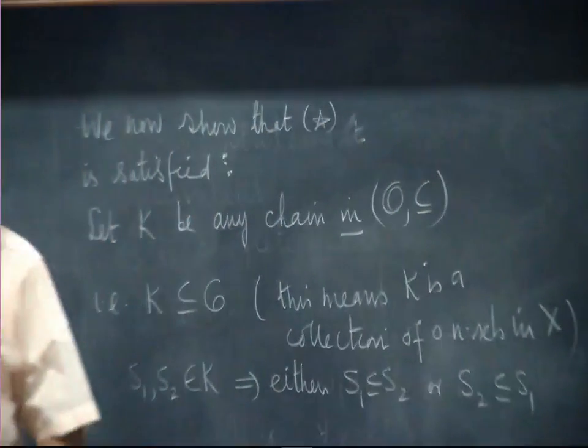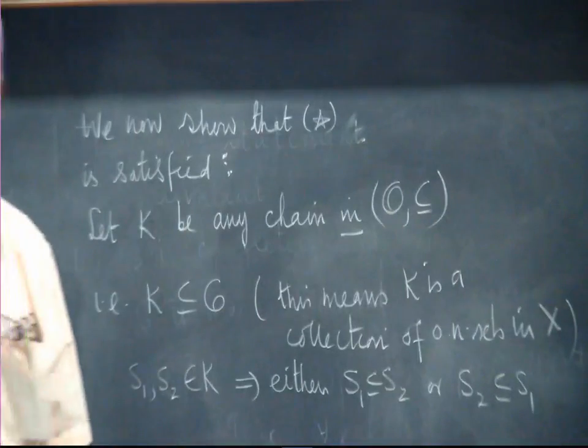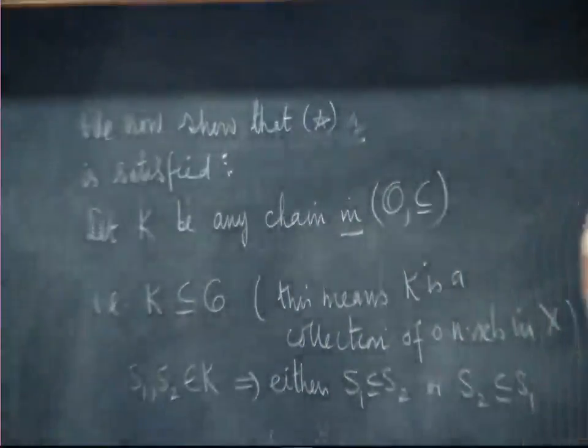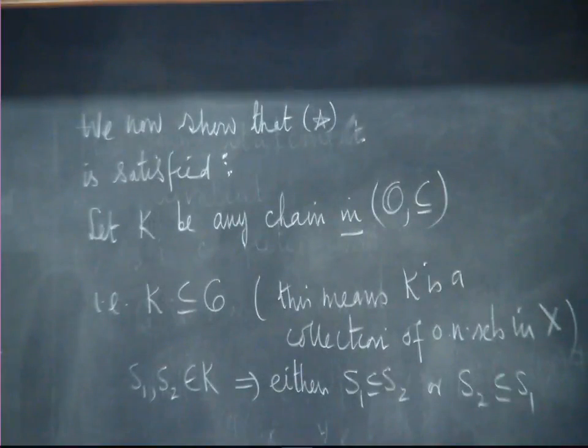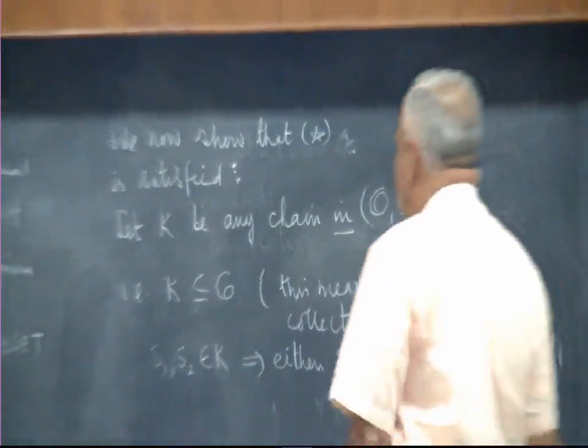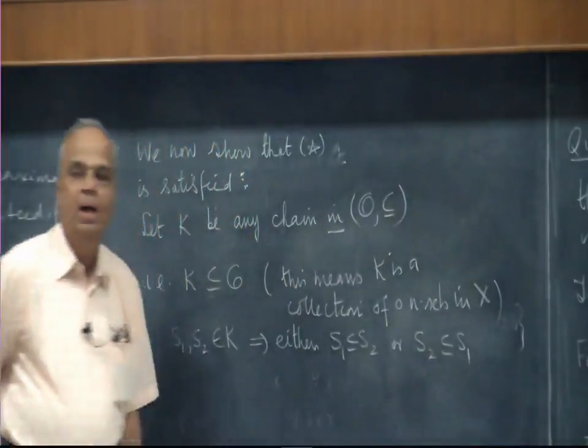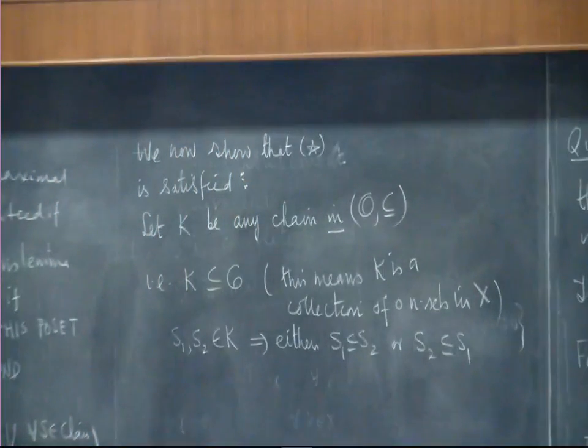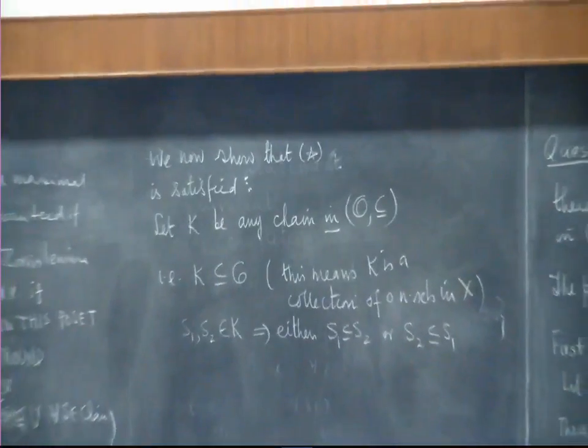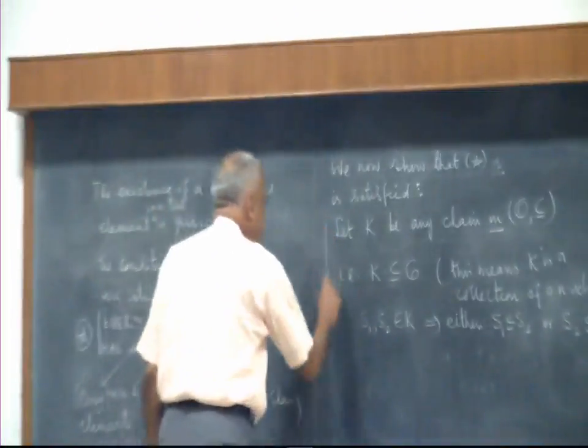That is what is meant by saying every pair is comparable. One of these two must happen. We know that in a general partially ordered set, we may have two elements which are not comparable. But in a chain, every pair must be comparable. This is given to us.